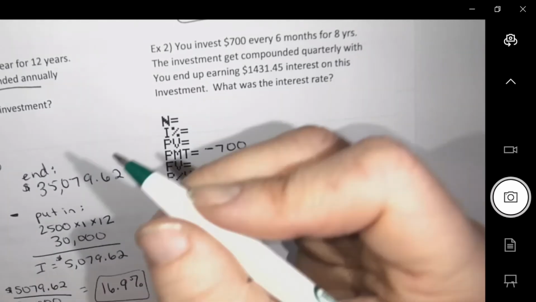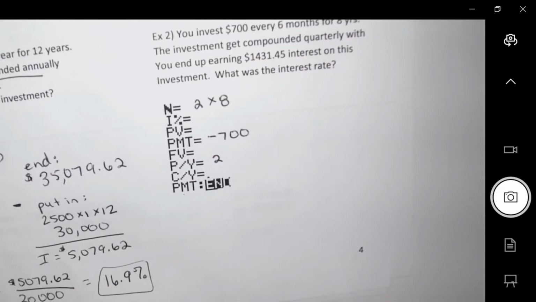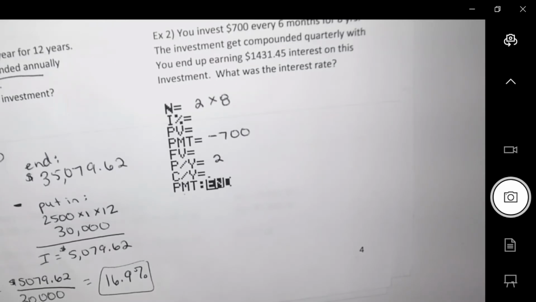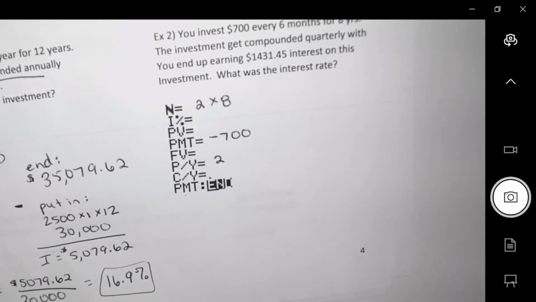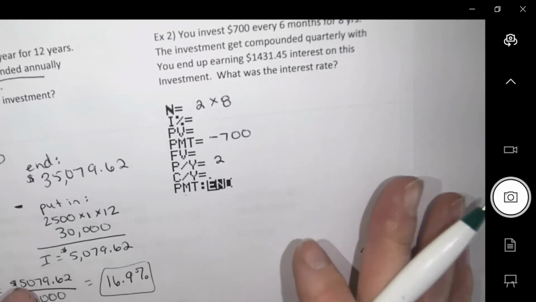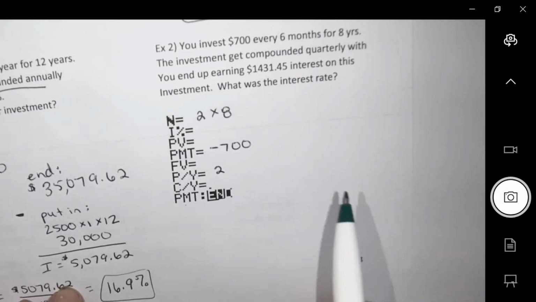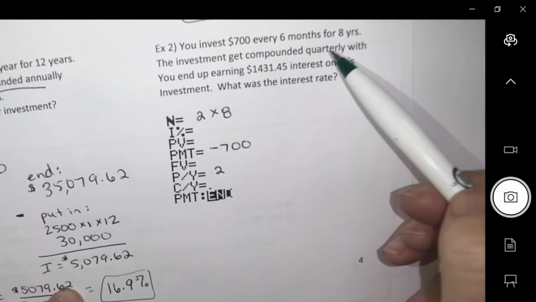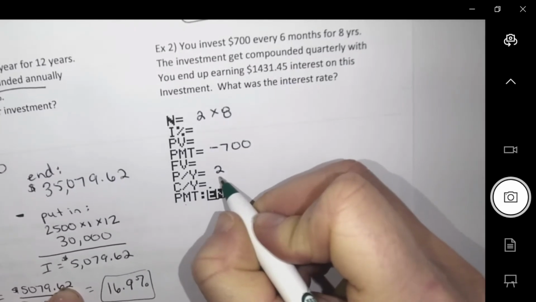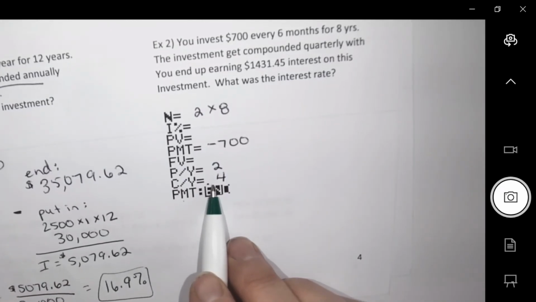If you do it twice a year for 8 years. So the number is twice a year for 8 years, and your payments per year is 2. Next sentence says your investments get compounded quarterly. So compounds per year is going to be 4.